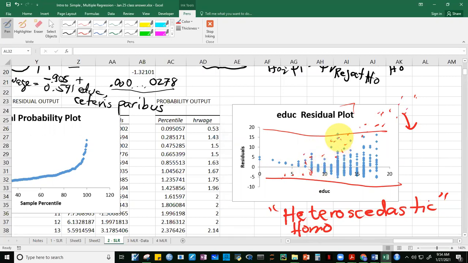Pag lumalaki yung education natin number of years, lumalaki yung variation niya. Okay, so this is an example of what we call, parang may fanning out to, no? Ano yung fanning out? Yung fanning out guys, yung residuals natin parang ganyan.